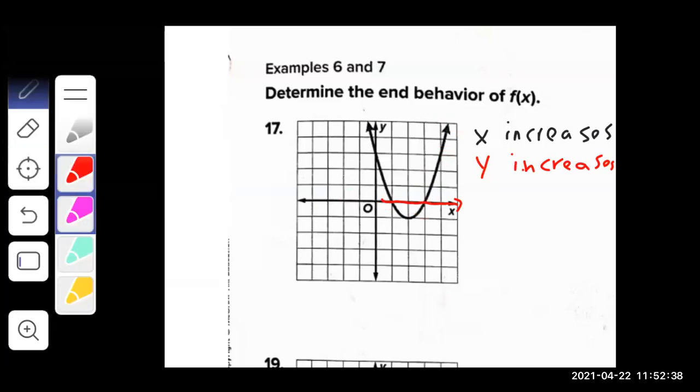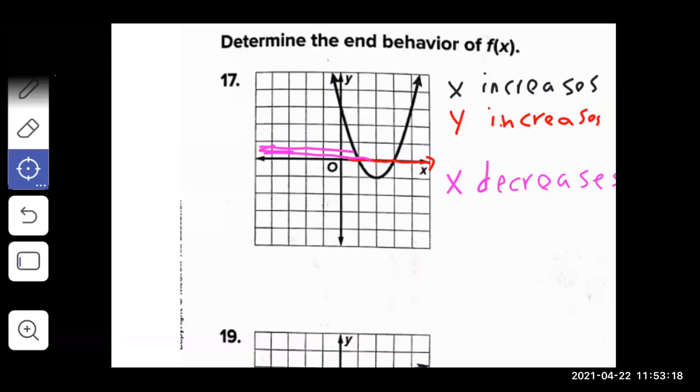If you move to the left, x decreases, right? If x goes to the left, what happens with the function?